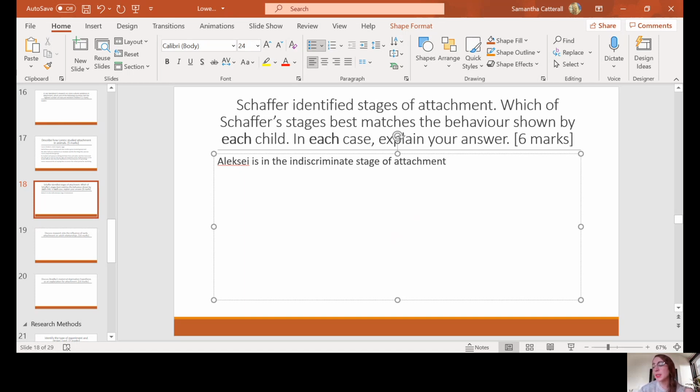Ideally you do need to mention those terms in your answer, because if you just regurgitate what's in the scenario, you're not really demonstrating that you understand what those behaviours are showing and therefore why they're in that stage. It would have been better to put those terms in. However, we did credit you just explaining what they were, but if it was a real exam situation, I would probably mention them.